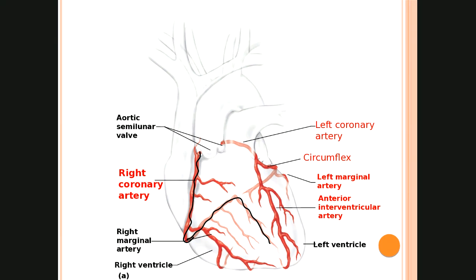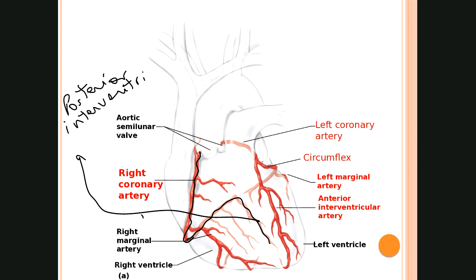So this artery is called the posterior interventricular artery, which we don't have labeled here. We'll see it in the next PowerPoint, but let me go ahead and write it down in here. Posterior interventricular artery as a branch of the right coronary artery.